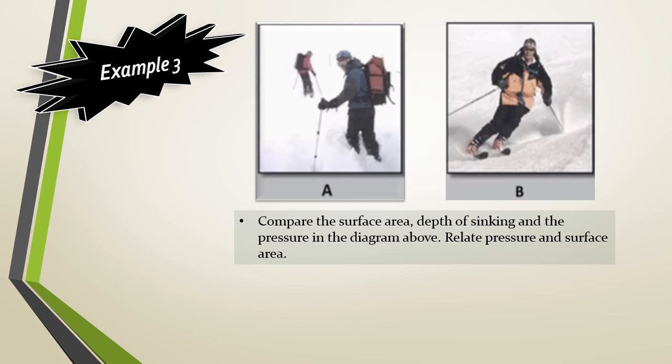But compared to the B have bigger surface area and the depth of sinking is low. Okay, so we can say that when the surface area is small, the pressure exerted to the snow will be high. And if the surface area is big, so the pressure exerted on the snow will be low. Sebab tu dekat A, lelaki tu dia macam tenggelam separuh, tapi dekat dalam B, lelaki tu dia tak tenggelam sebab surface area dia besar.